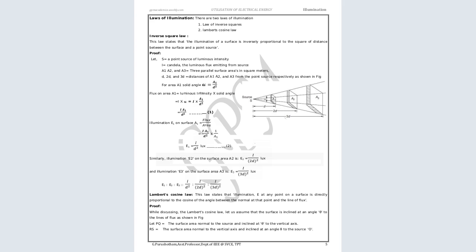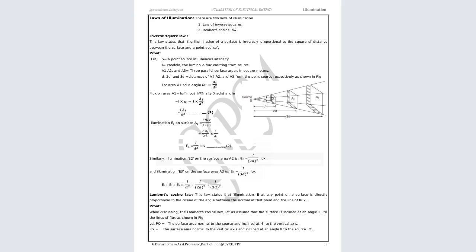Now, it says that illumination E at any point on a surface is directly proportional to the cosine of the angle between the normal at that point and the line of flux.